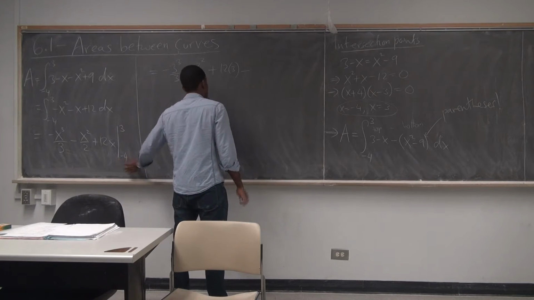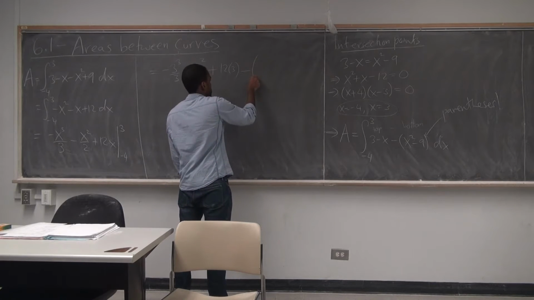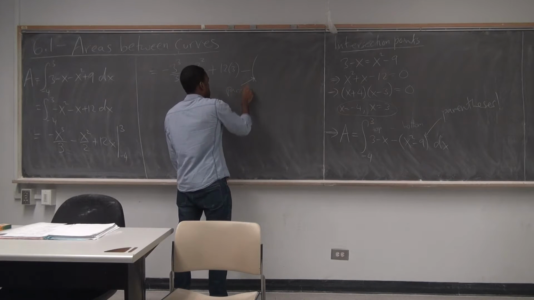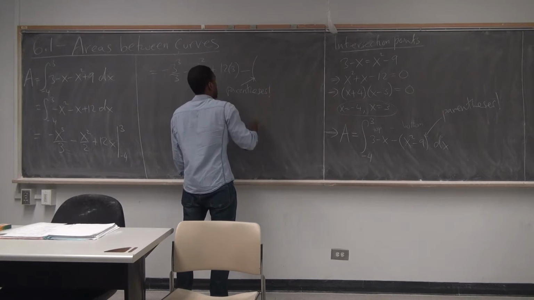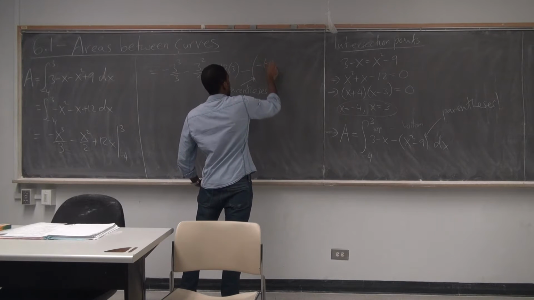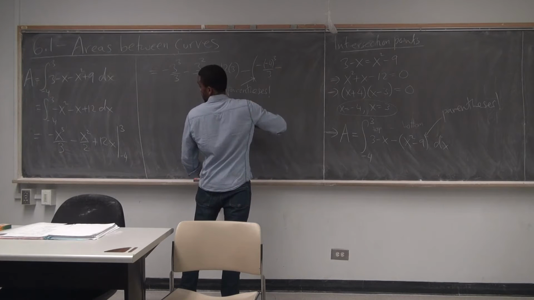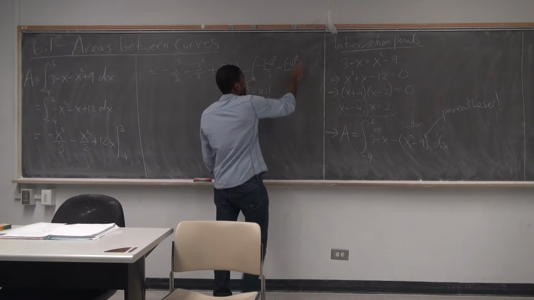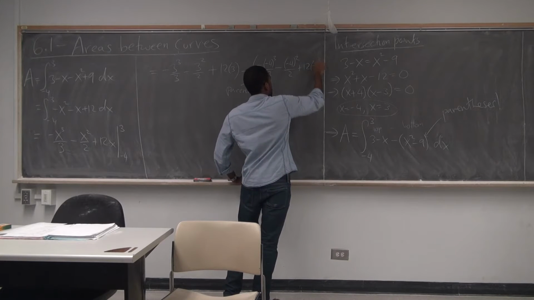Now you're going to plug in the bottom number, parentheses, important. And then you plug in the bottom number into the function. So you have minus 4 cubed over 3, minus 4 squared over 2, plus 12 times minus 4.